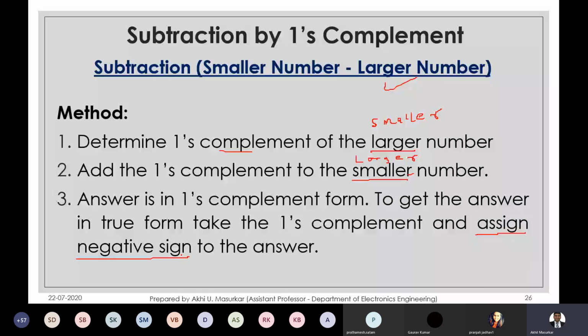Since 1 and 0 are only indicative of plus and minus, for study purposes we represent them with only plus and minus signs. But actually, a digital system doesn't understand plus and minus. To tell that this is a positive number, you append an extra 0, and to tell that this is a negative number, you append an extra 1.